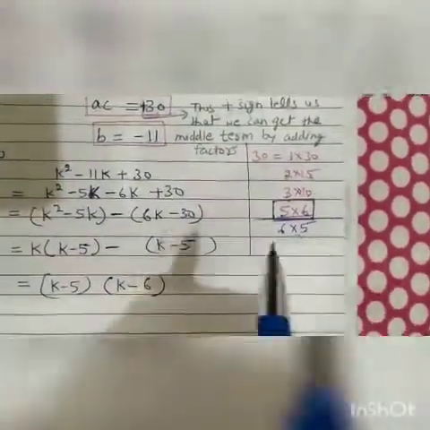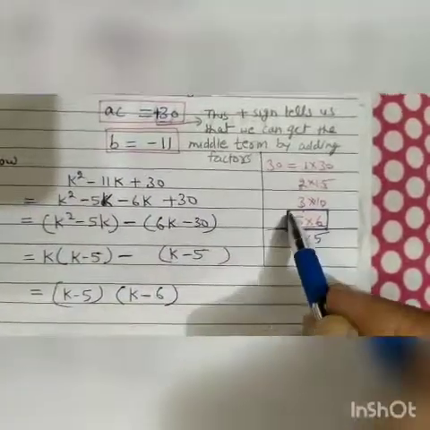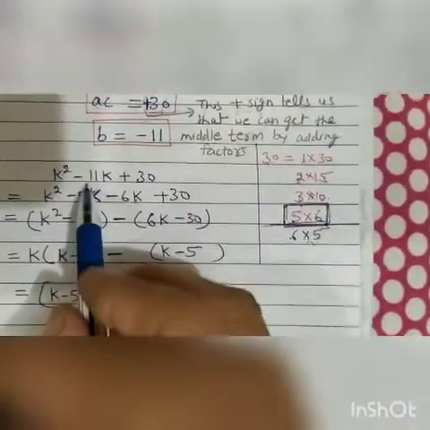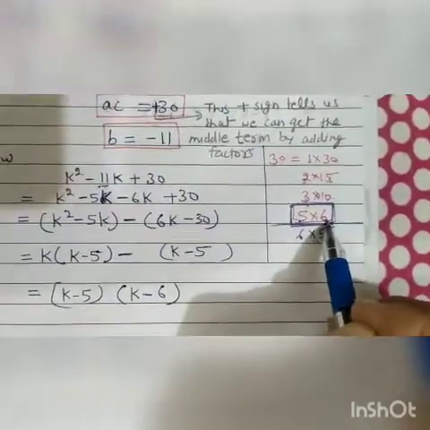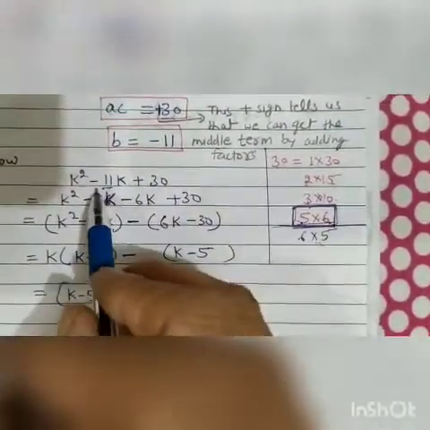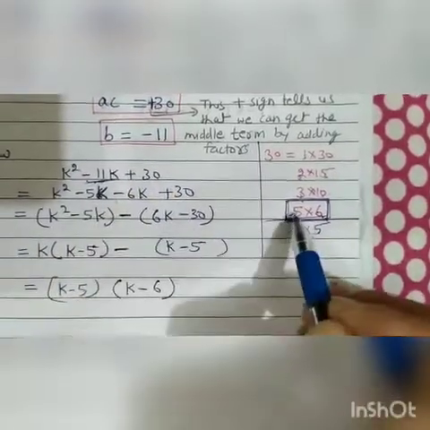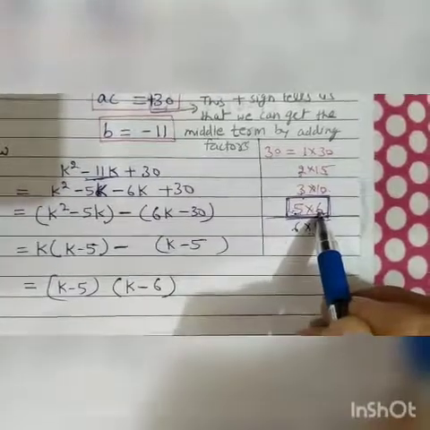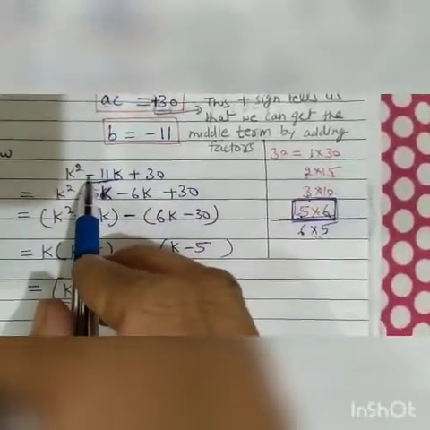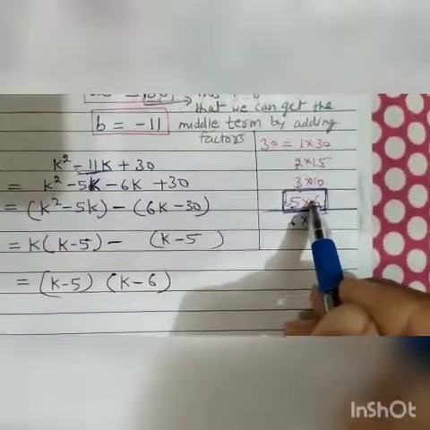So now see, when we are getting the middle term by adding the factors, listen again, when we are getting the middle term by adding the factors, then both the signs are same. If there is minus sign, we will put minus sign in both the factors.